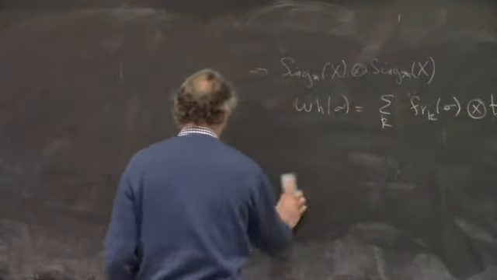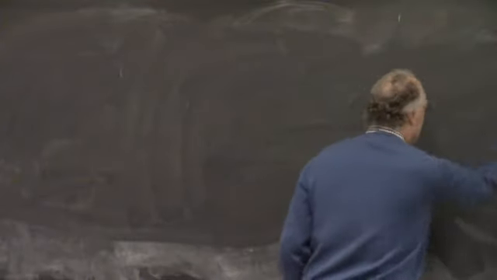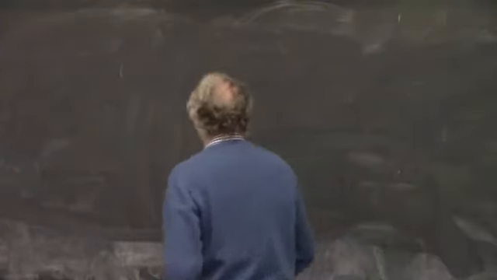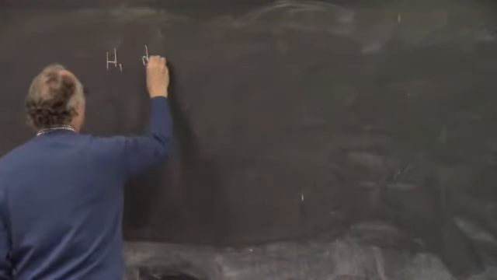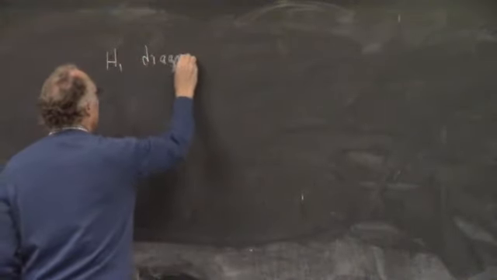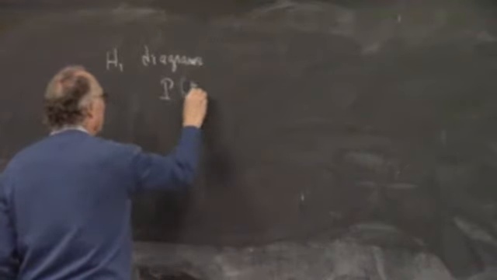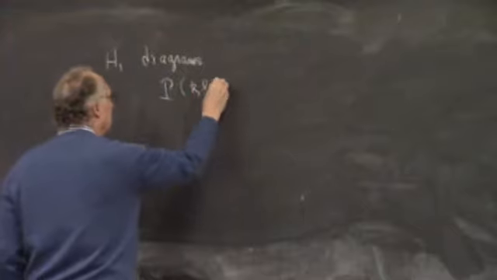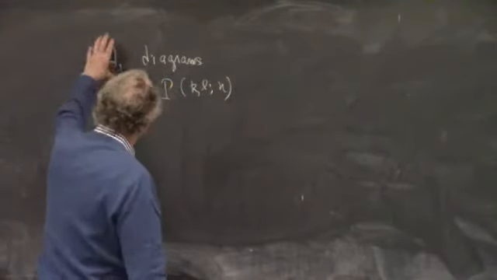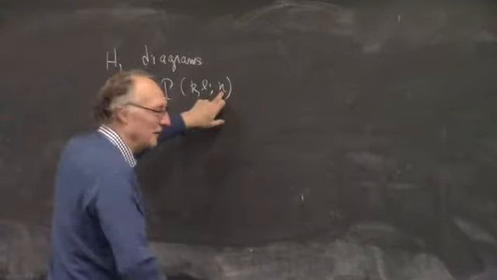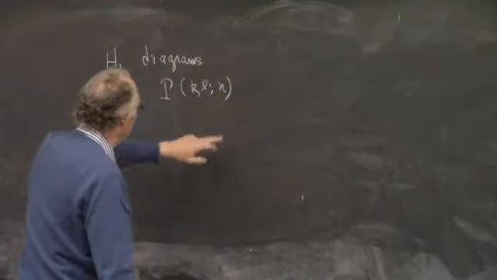So, in fact, H1 is defined by the H1 diagrams are exactly the ones I was just drawing. They're the P, K, L, N. And of course, to define H1, you have to let N vary over all non-negative integers.